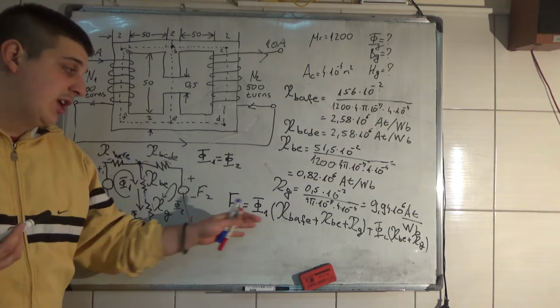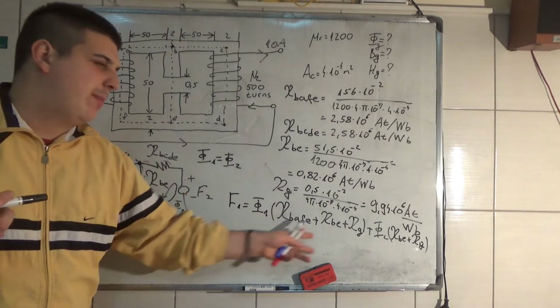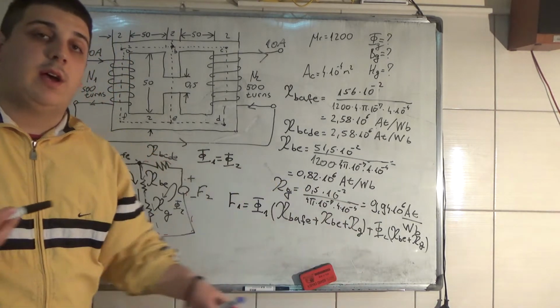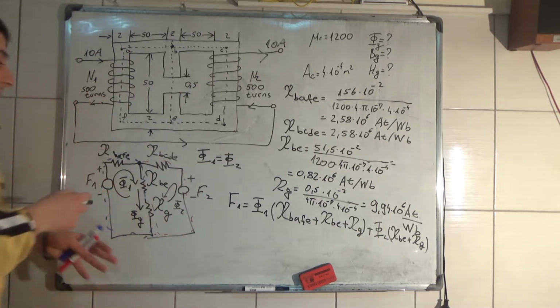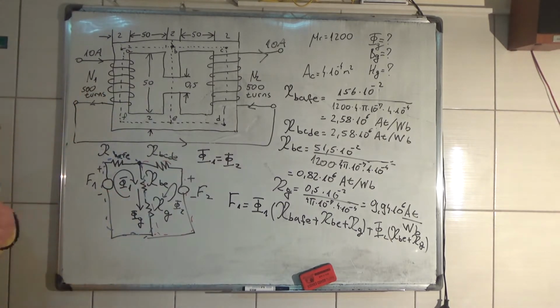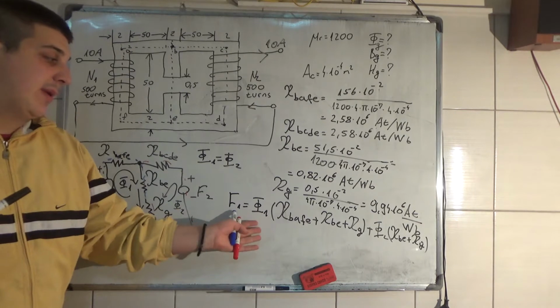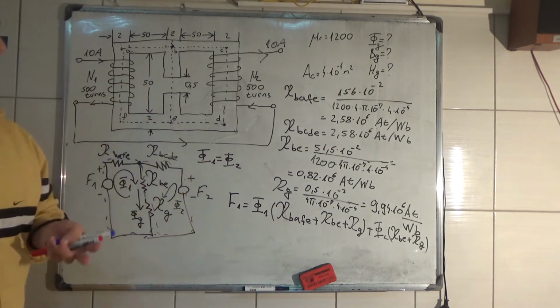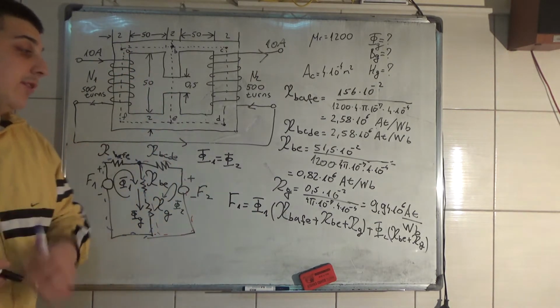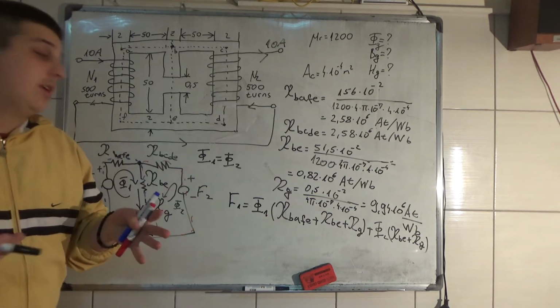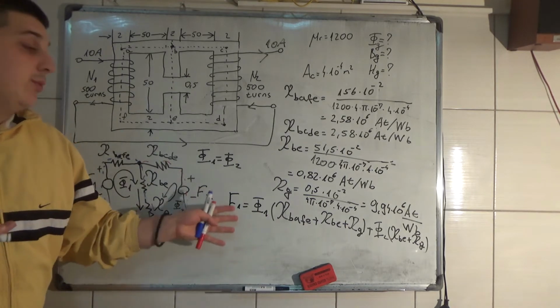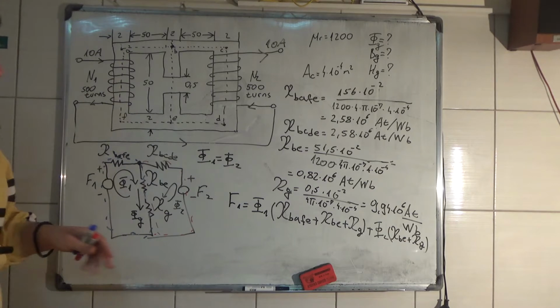This is the voltage and this is the voltage dropouts of the closed loop of this side. Now, this is the magnetic dropouts. I don't know, there is no particular name for it, but it's the same analogy as you would do with the electric circuit.